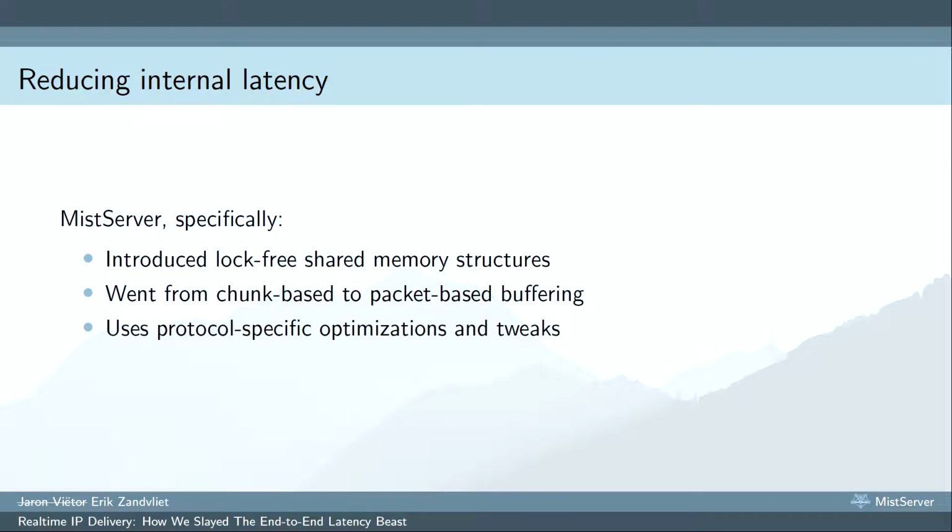So we can now go down to 2 frames of latency, one on the input side, one on the output side, going down to about 80 milliseconds. We do this by using lock-free shared memory structures, so we can have the same data available to all of the output protocols at the same time, the moment it is being ingested. We used to do chunk-based protocols, so we used to do the segments, and we're now doing actual packets, so that's frame-based buffering.